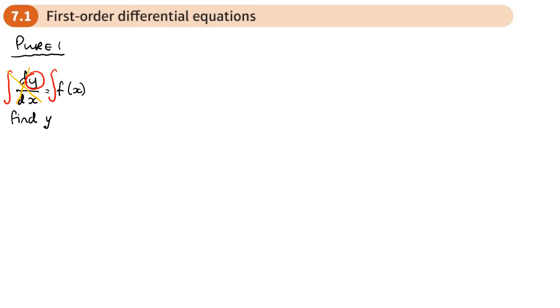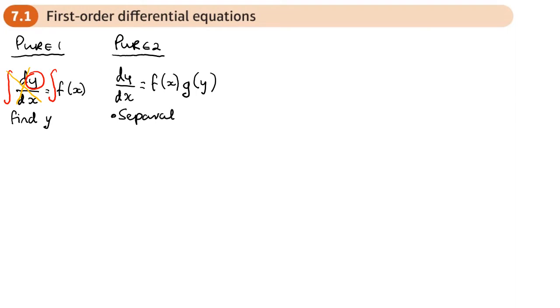Then in Pure 2 we would have met differential equations where dy/dx equals something that's not just a function of x, but also a function of y, and we use the method of separation of variables to solve these.